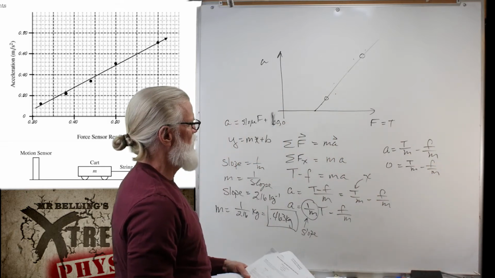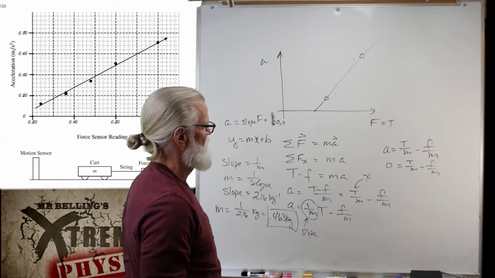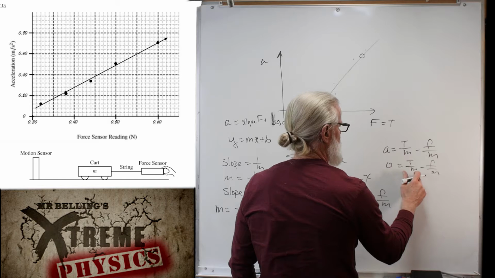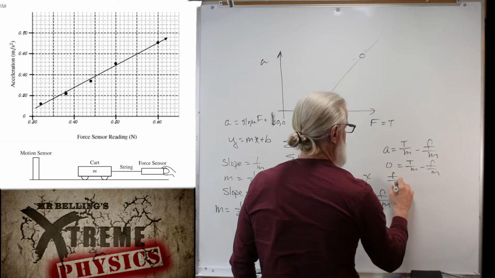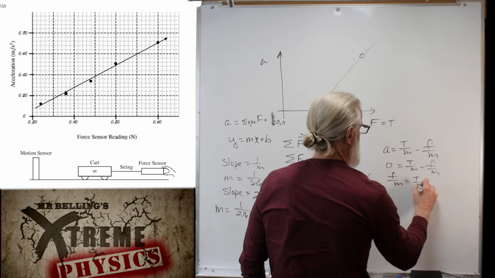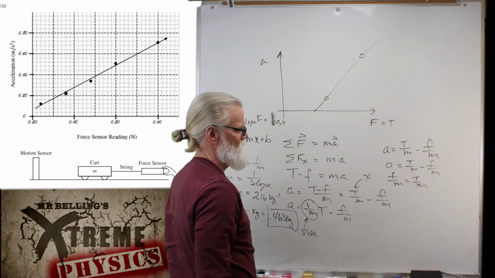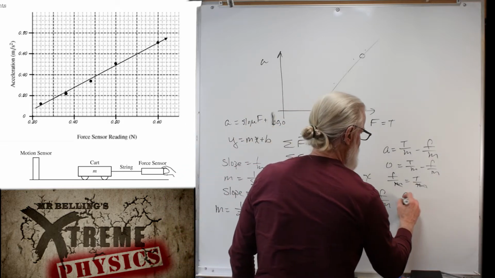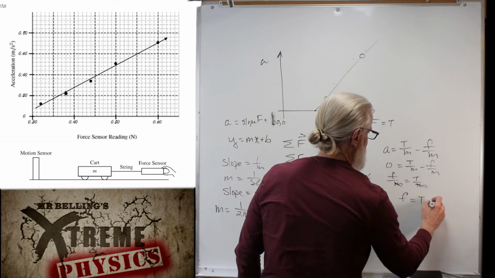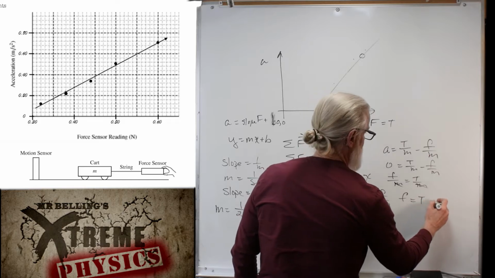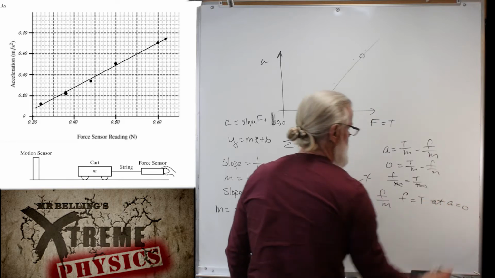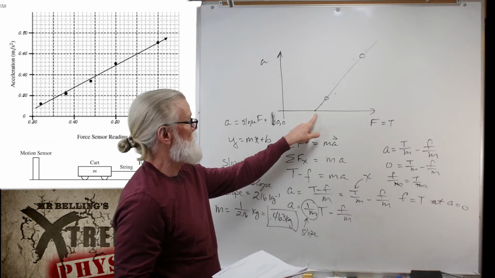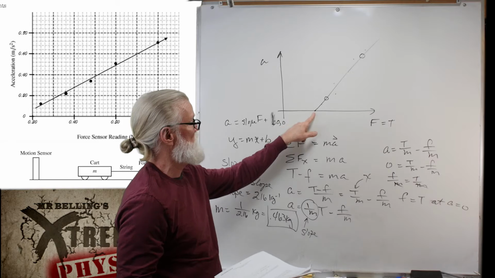All right, so now we could solve this for f, right? So we got f over m equals T over m, right? The m's go away, so f equals T at a equals 0, right? So F equals T.